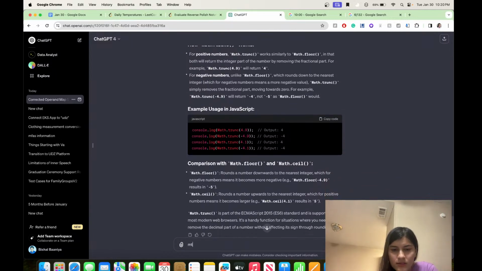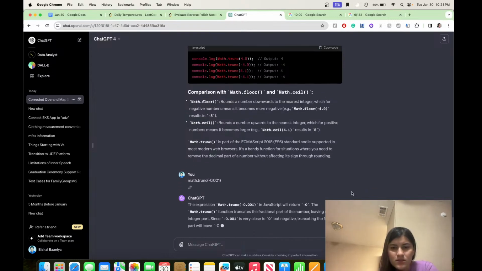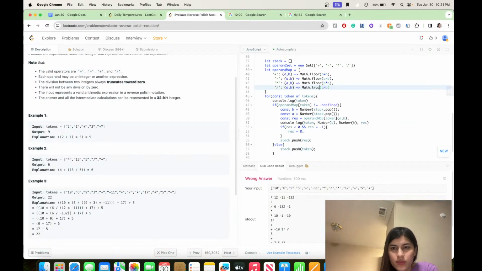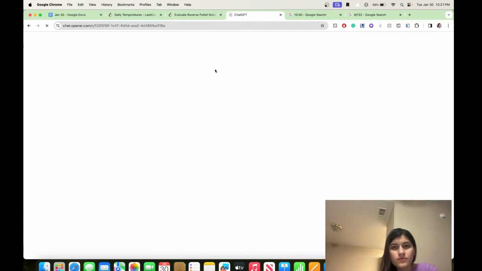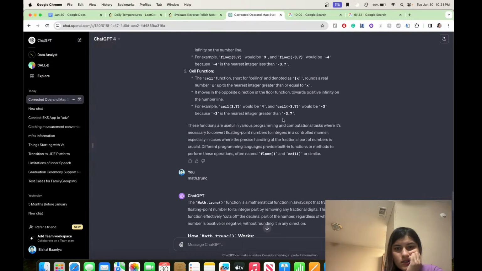Oh, so what will math.trunc of minus 0.00001 do? It will return minus 0. Okay, so what we need is math.trunc here, because that's what they are saying, right? Truncate, always truncate towards 0.